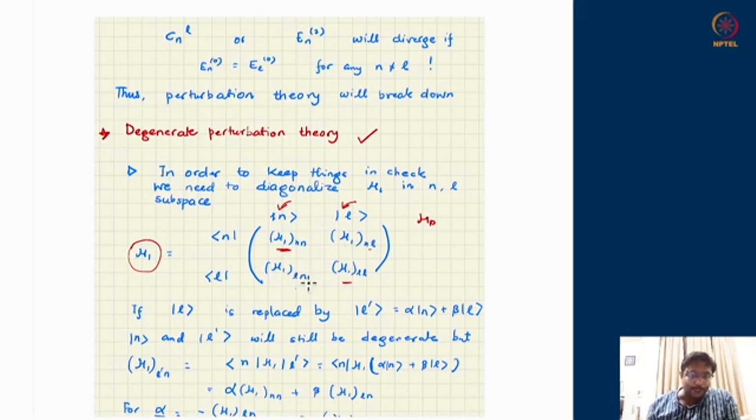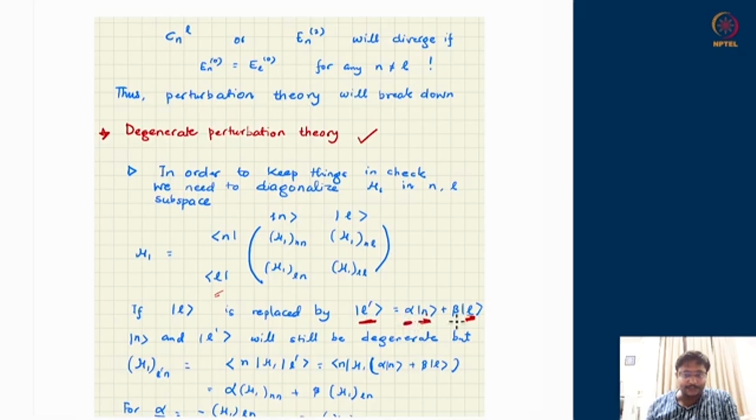Now, if these terms are non-zero and finite, then we are in a problem, and perturbation theory will be problematic. However, a remedy is already available. Suppose these terms are non-zero. Can I do something to make them go to zero? The answer turns out to be yes. We can change the state L to something called L primed, which is a linear combination of the two degenerate states, N and L.